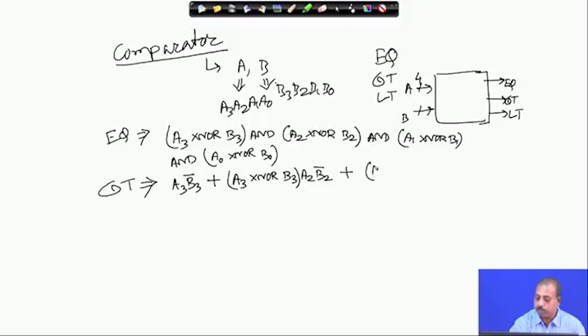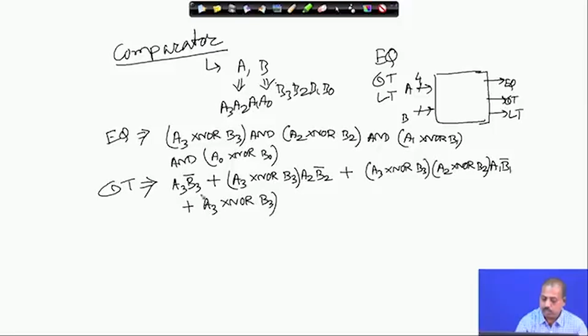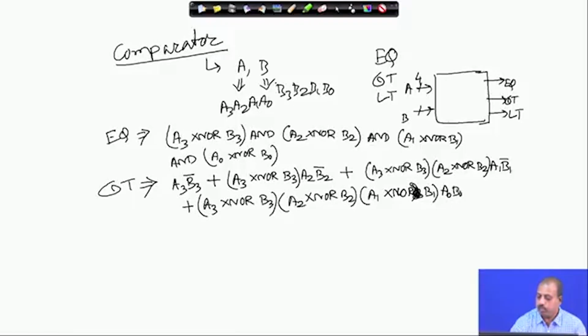So, you can write this expression as A3 XNOR B3, A2 XNOR B2, and then A1 B1 bar. Finally, all the bits are the same and only the 0th bit differs. So, A3 XNOR B3, A2 XNOR B2, A1 XNOR B1, and then A0 B0 bar.